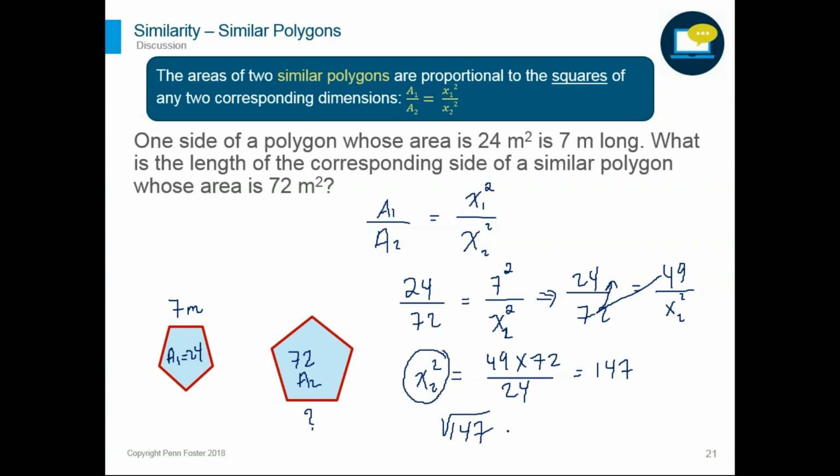So do the opposite. The square root of that value would be 12.12 meters. So again, similar polygons, proportion. Do the proportion correctly. Don't forget to take the square roots afterwards to find the missing side length.